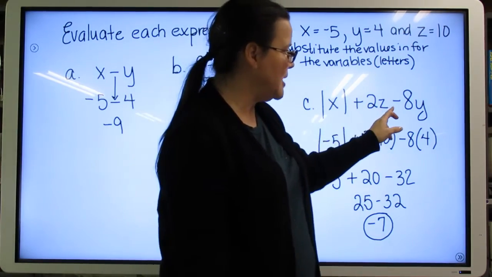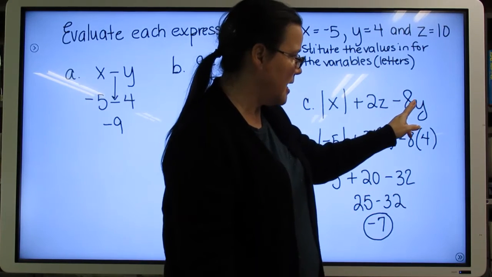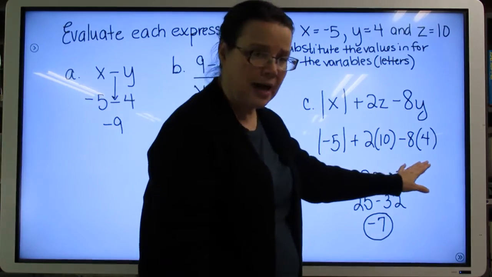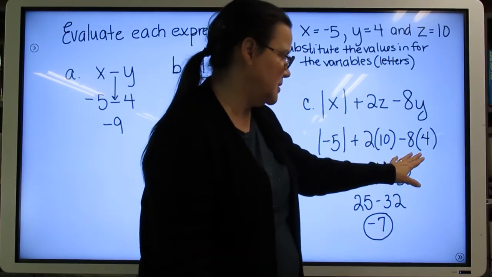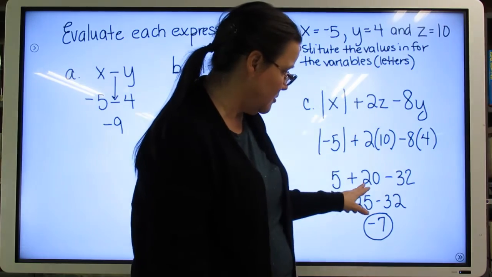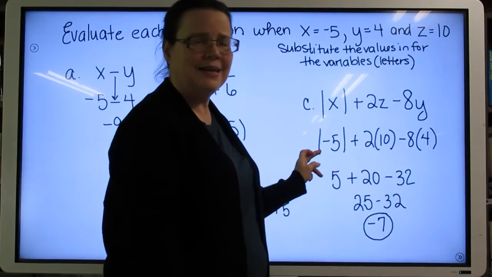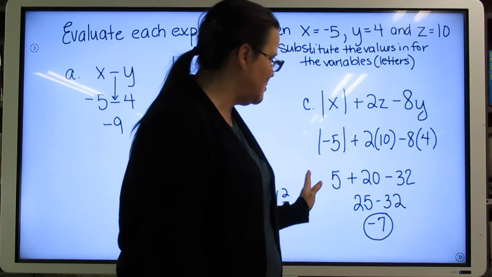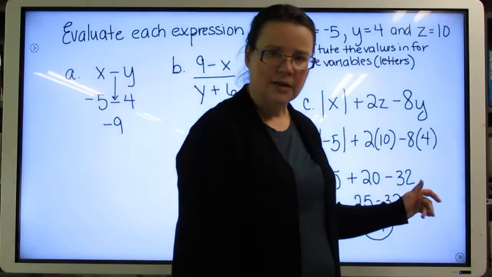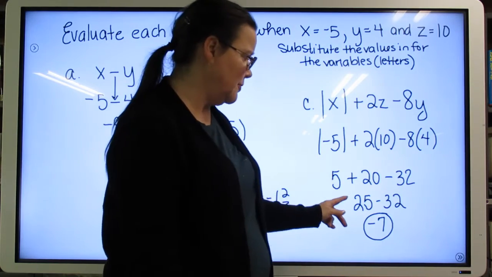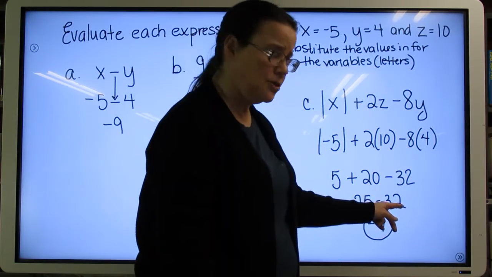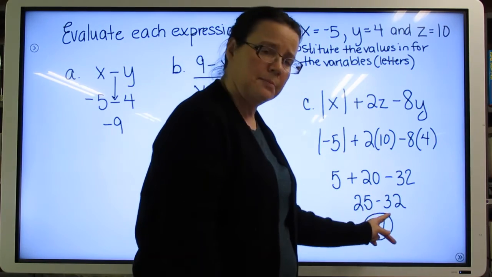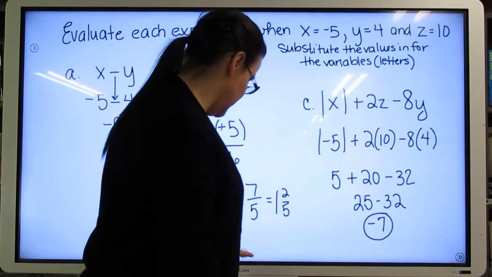And then we would have minus 8 times y, where y was 4. And then we would simplify those two on the end here, 20 minus 32. Anything in the absolute value ends up being positive, so it ends up being a positive 5. And then we would just add and subtract from left to right. So you have 25 minus 32, and you would get a negative 7. Two signs are different. You subtract the numbers and you go with the sign of the bigger number.